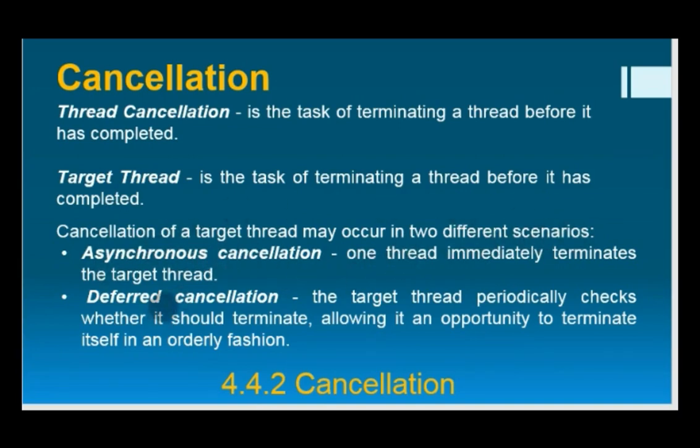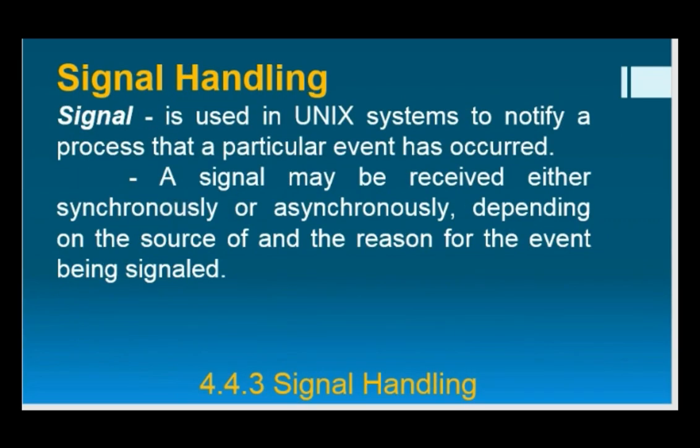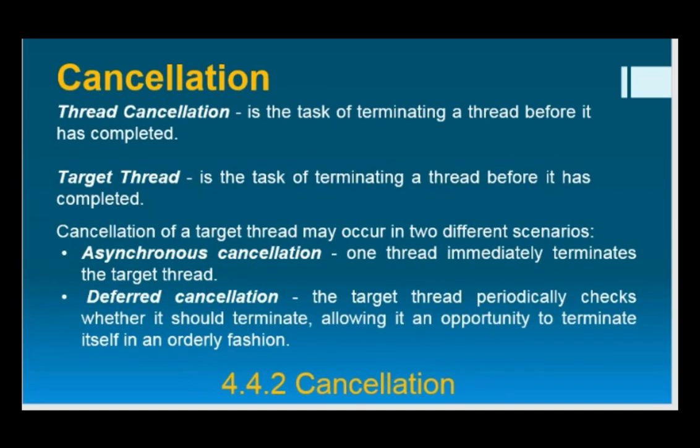One is asynchronous cancellation and the second one is deferred cancellation. In asynchronous cancellation, one thread immediately terminates the target thread, while in deferred cancellation, the target thread periodically checks whether it should be terminated, allowing it an opportunity to terminate itself in an orderly fashion. Difficulty occurs if the thread is being executed or resources have already been allotted to it, especially in asynchronous cancellation.